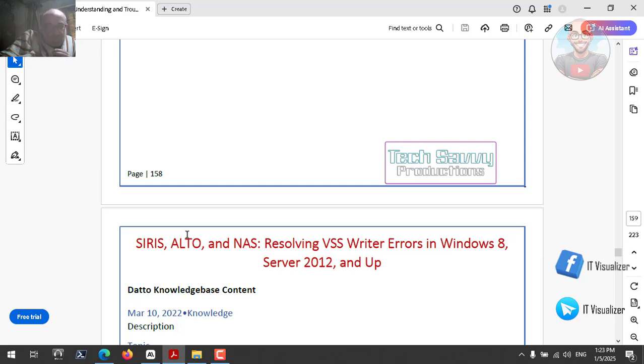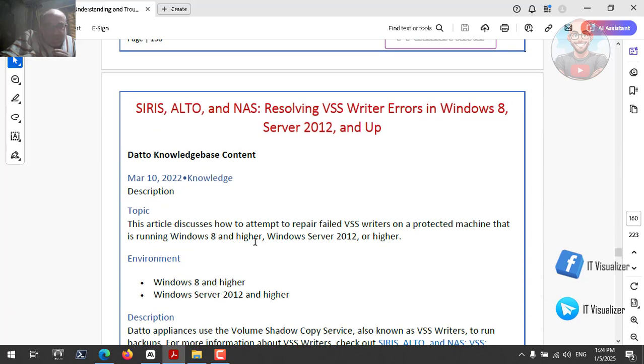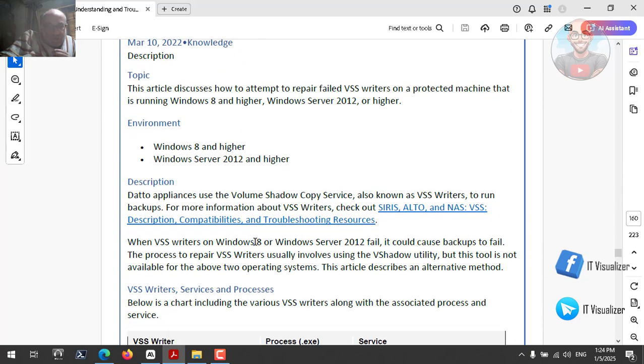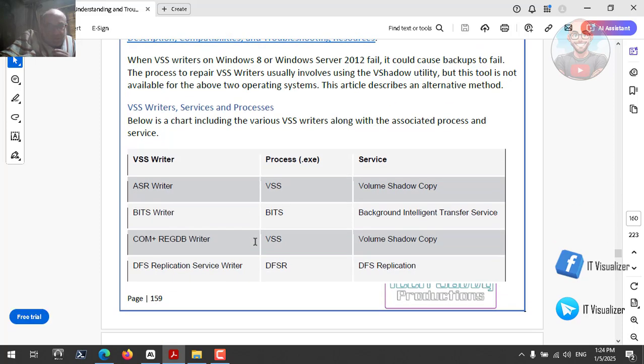So this is a series on resolving VSS writers errors in Windows 8 and Server 2012 and up. So this is a database. He's really giving us an article to solve issues concerning the writers.